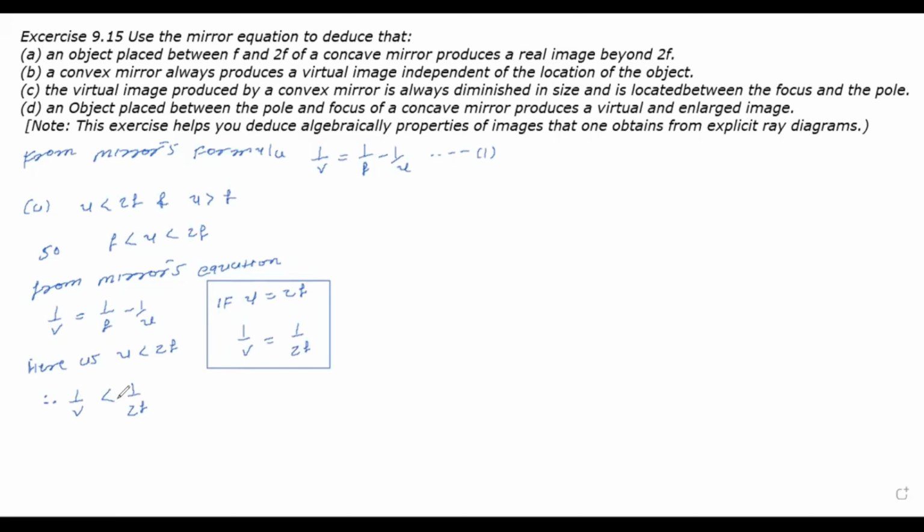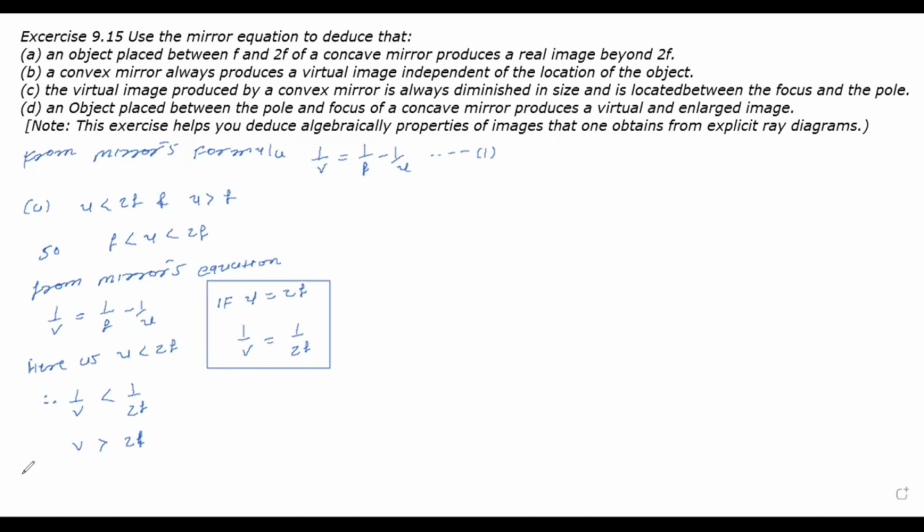So as 1 over v is less than 1 over 2f, we can say v is greater than 2f. That means the image, which is v, is greater than 2f, so the image will form beyond the radius of curvature.